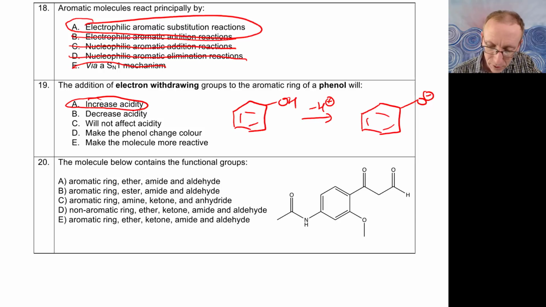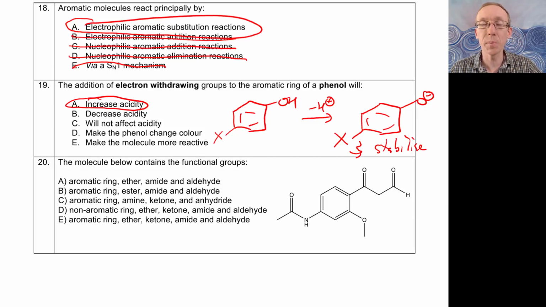Then if we have electron withdrawing groups, say X here, that can help to stabilize that conjugate base form of the molecule, the phenoxide. So electron withdrawing groups will help to stabilize the conjugate base, so they increase the acidity of the conjugate acid that we start with. So it's not B, and it's not C, so it will affect the acidity.